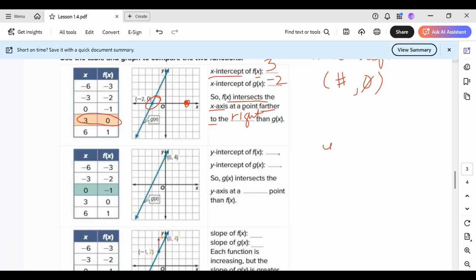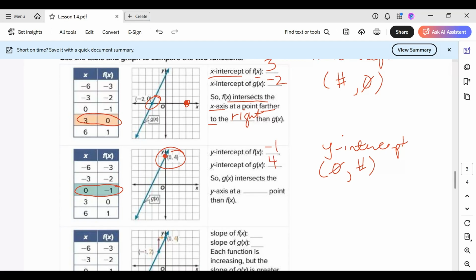When we look at the next one, it's talking about the y-intercepts. So again, the y-intercept is where it hits the y-axis. And always it's going to be represented by 0 followed by a number. So the y-intercept of f of x is located at (0, -1). The g of x equation, remember, hits the y-axis at (0, 4).